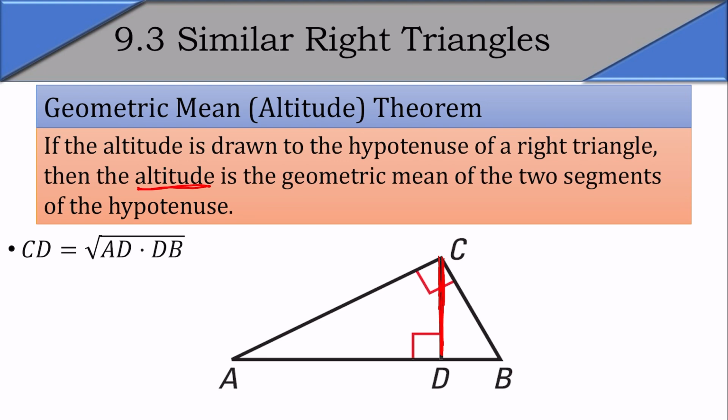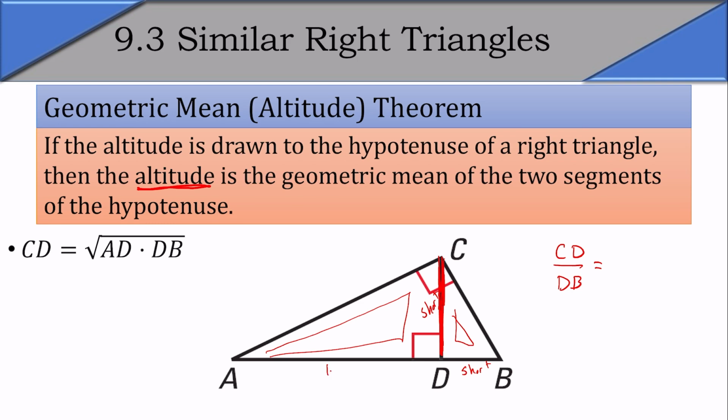Here's why. If I take the two smaller triangles, I can do short leg over short leg. So the short leg for the medium triangle is CD. Short leg for the small triangle is DB.